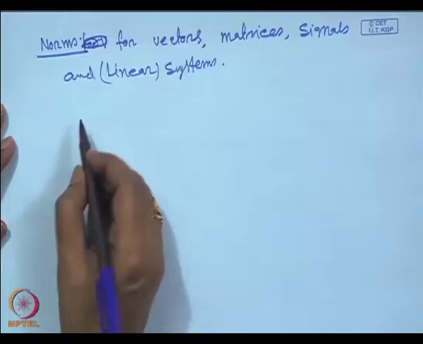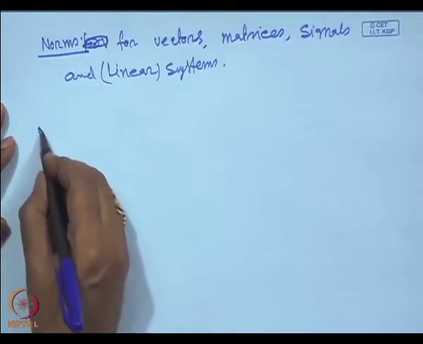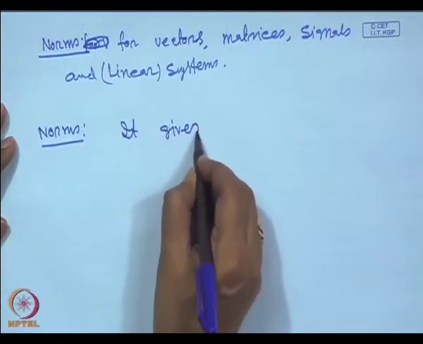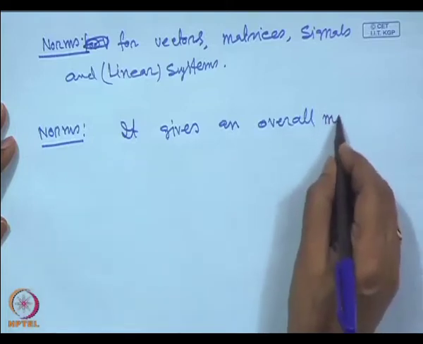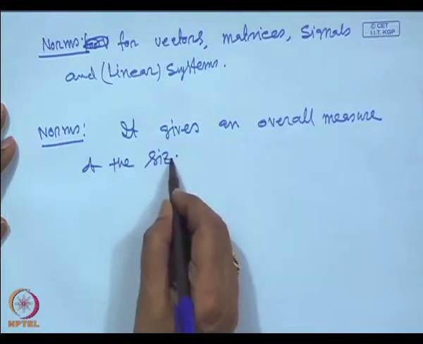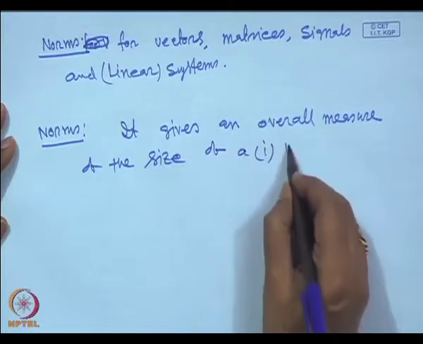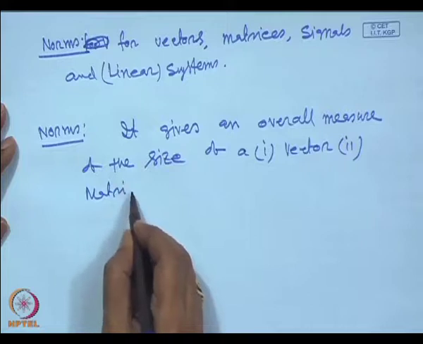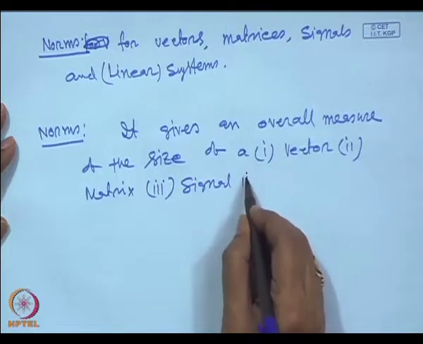So, basically the norm gives an overall measure of the size of a vector, matrix, signal, systems.